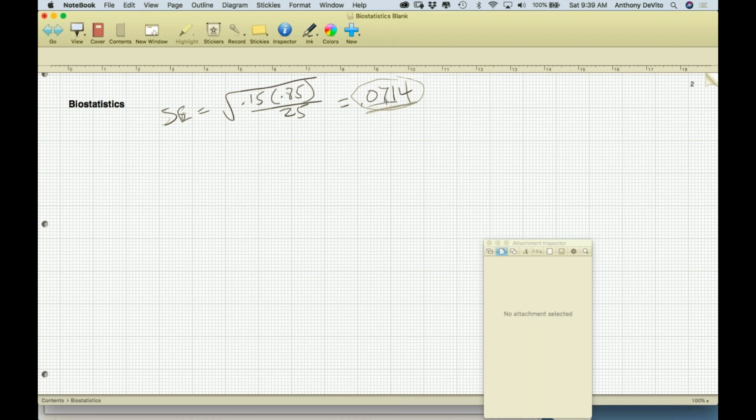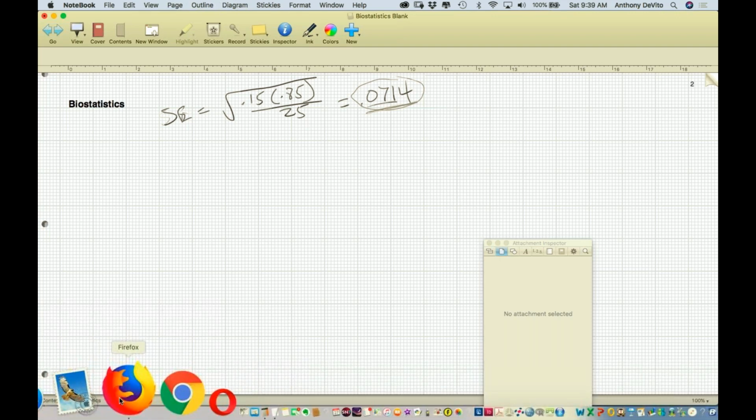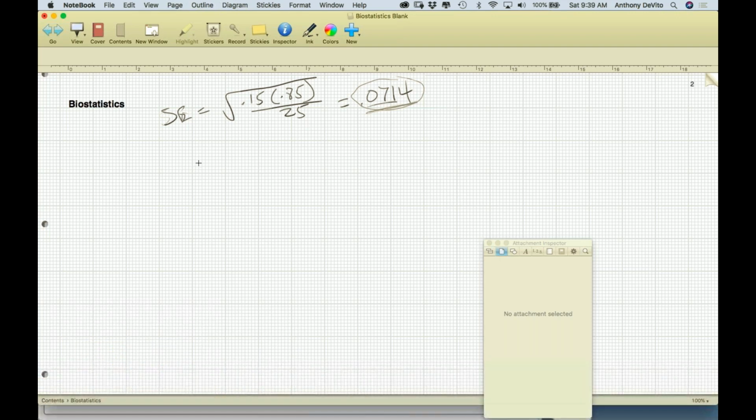I would keep at least one or two digits more than the significant digits, at least 3 significant digits here, like the 714, if I'm going to continue with calculations. I really like using Excel for this, because even if you have the cell set to only show 2 significant digits, it actually stores the entire number. So I'm going to go on to the next one.